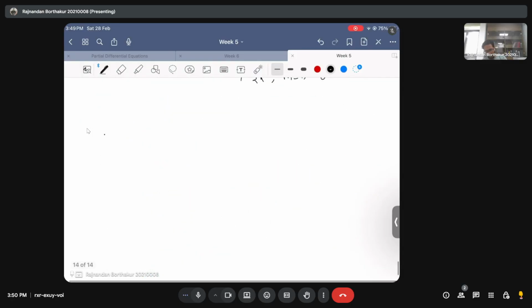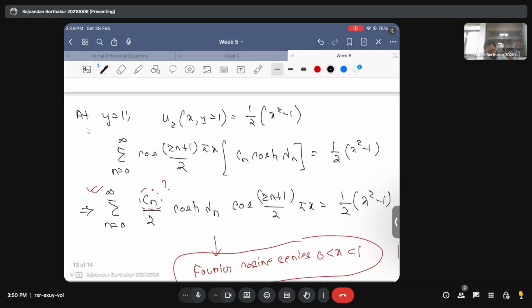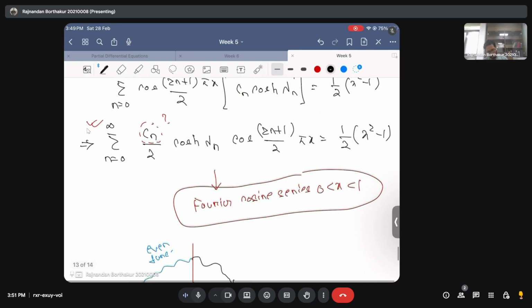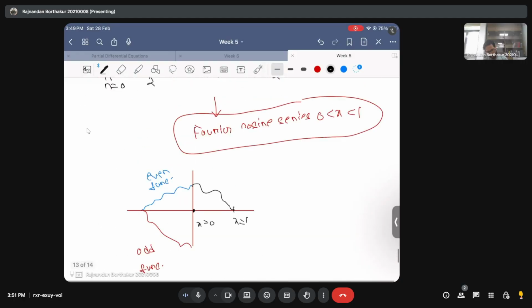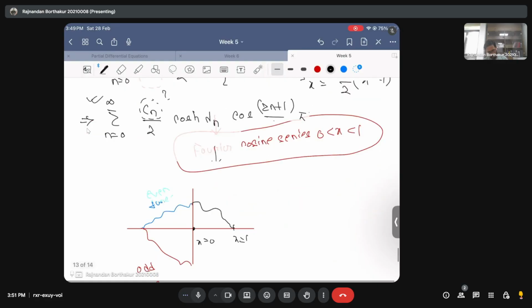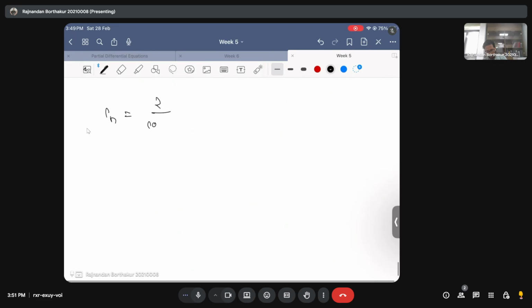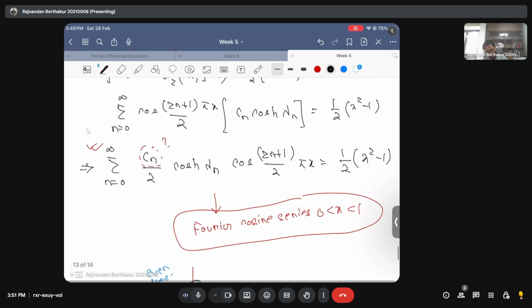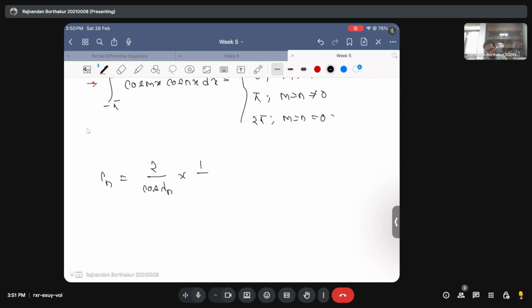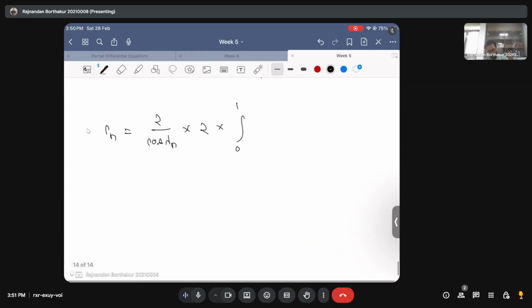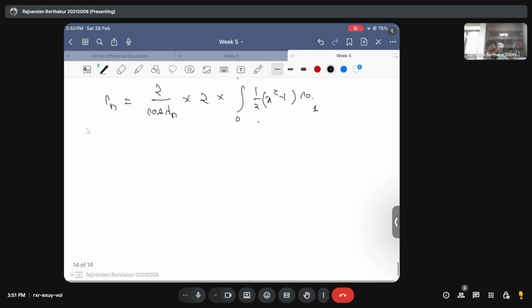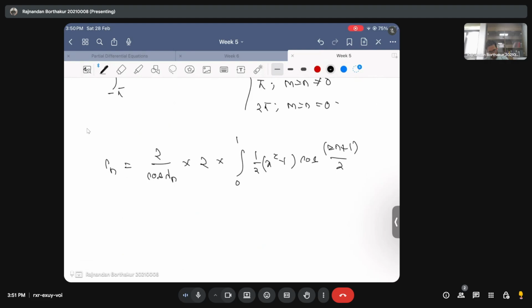So this Cn will be equal to 2 by cosh lambda n, times, there is going to be a 2 here, times the integral from 0 to 1 of half of x squared minus 1 times cos of twice n plus 1 by 2 pi x dx.